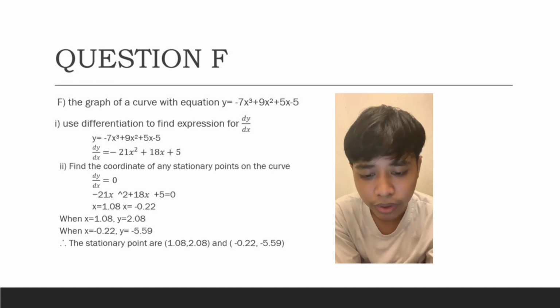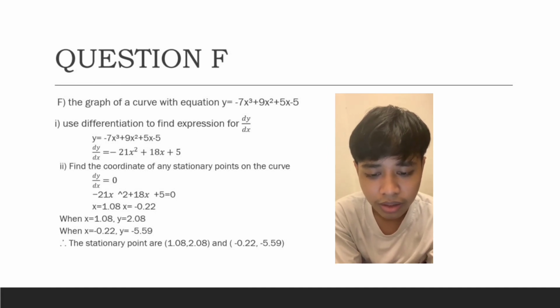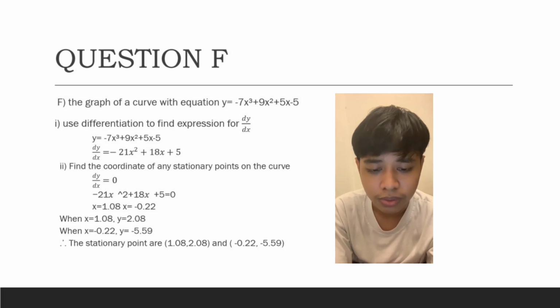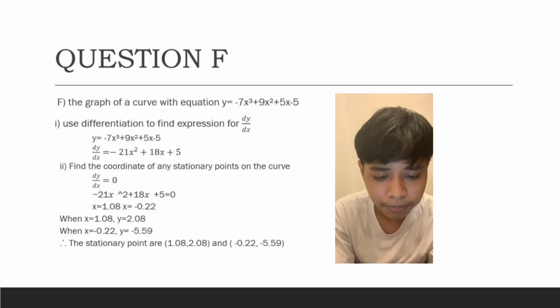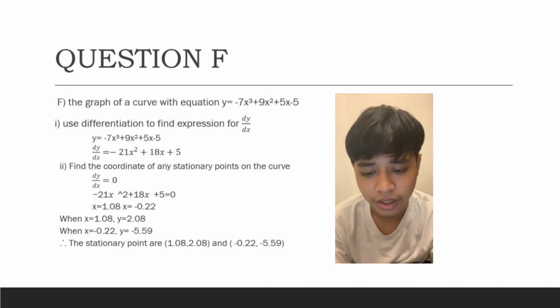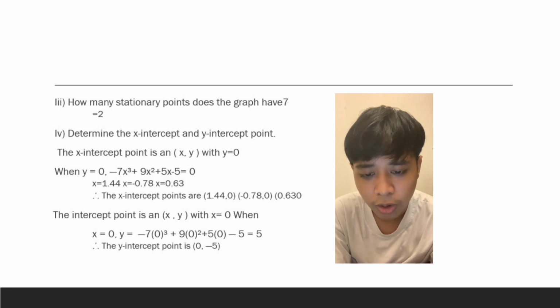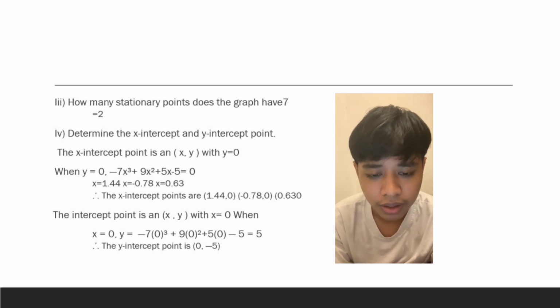The stationary points are 1.08, 2.08, and negative 0.22, negative 5.59. So for question 3, how many stationary points does the graph have? 2.